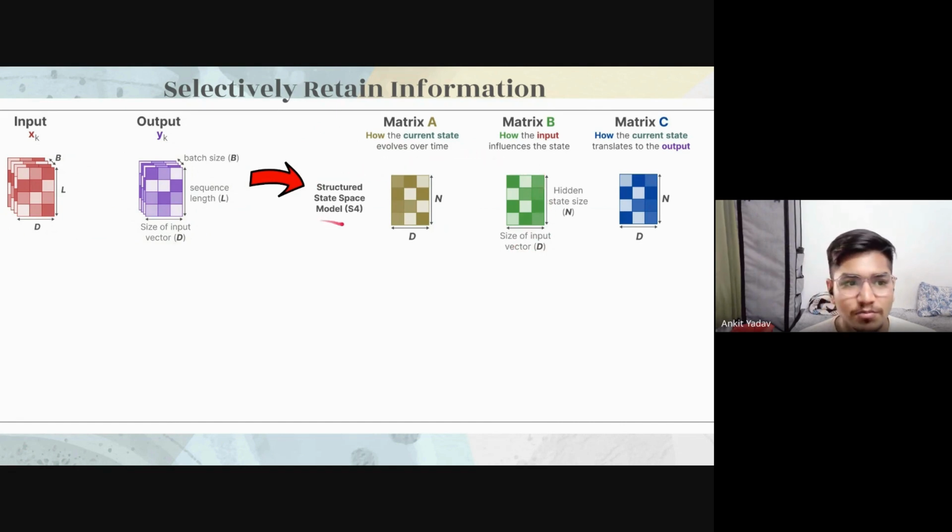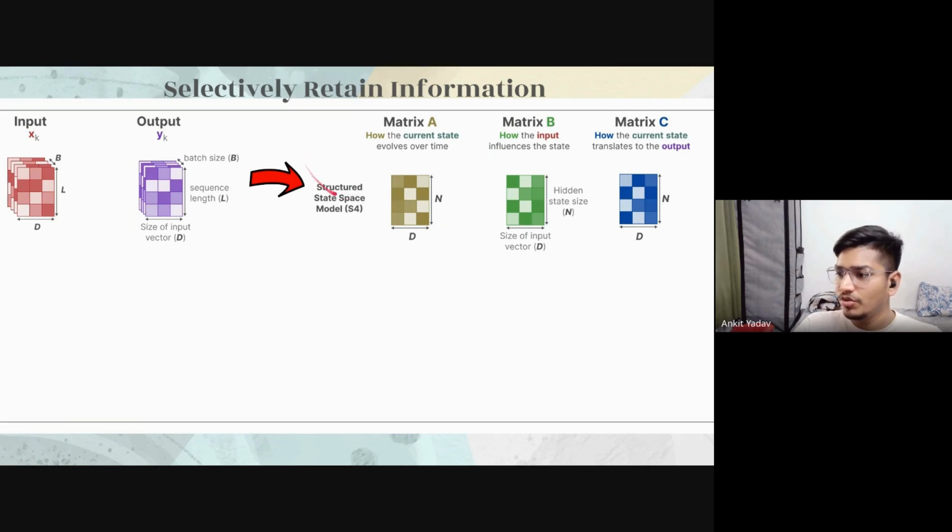This is currently present in the S4 model. These are static matrices, not dynamic matrices. We are just multiplying B with XT, A with the previous HT, and getting a new HT with the help of the summation of BXT and AHT.